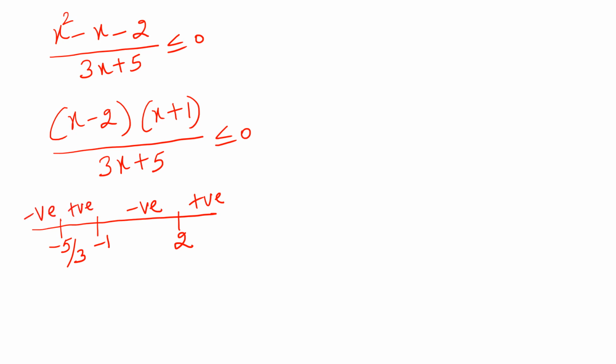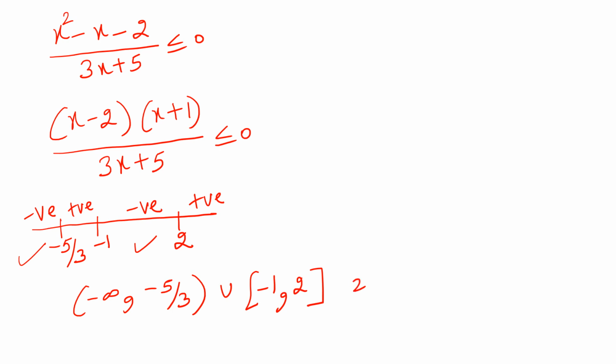Now we want the expression to be less than or equal to 0. So that means these two regions satisfy the condition. So x belongs to the open interval minus infinity to minus 5 upon 3 union closed minus 1 to 2. Now students, I am calling this interval the second interval.